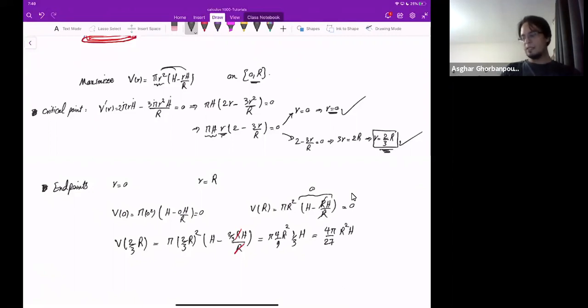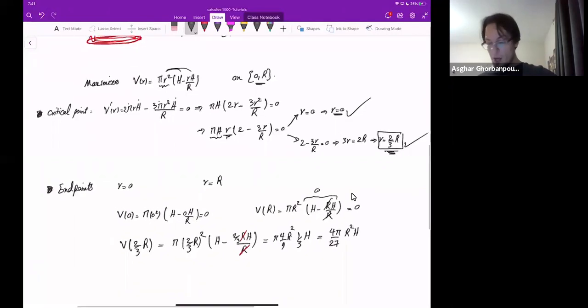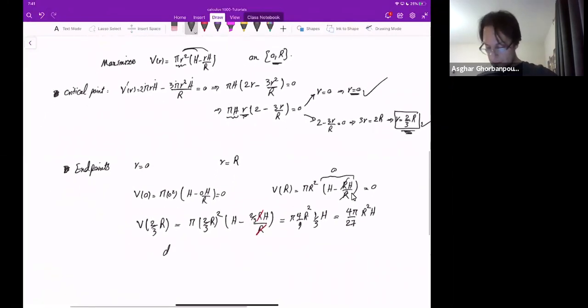In other words, the maximum volume of such a cylinder is going to be 4/9 of the volume of the cone itself. But what is important for us are the dimensions. So here, the maximum happens at this point, where the radius is 2/3 of the radius of the bigger one. How about the height? Well, sorry, I should put this one. How about the lowercase height?